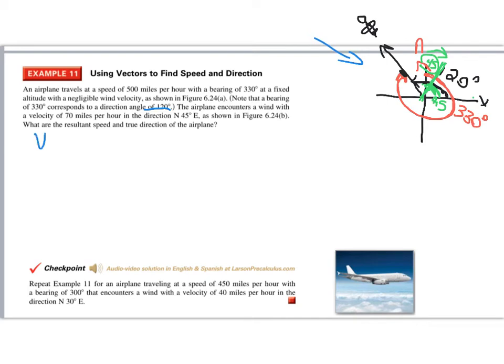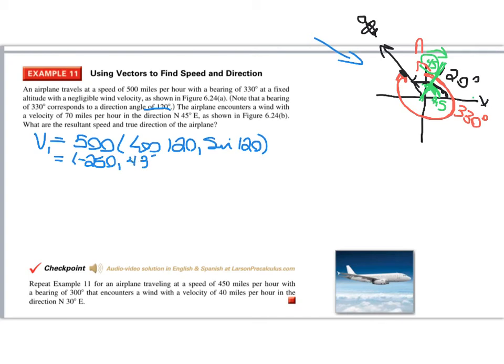Our first one is, remember, we're going to multiply by our magnitude, and again, our magnitude is 500, and we've got the cosine of 120 degrees and the sine of 120 degrees. So when we multiply that, our first one is going to be negative 250 and 433.